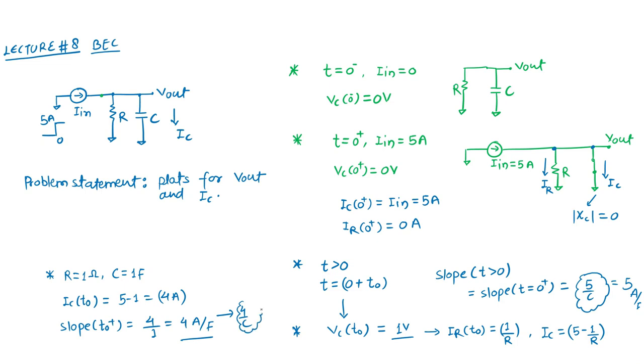So what we can see at time instant t naught, when my capacitor is charged to 1 volt, is that my resistor also has some finite current, IR. With that amount of current, the capacitor now has less current, because the current passing through the capacitor is the input current, which is a constant value, minus IR.